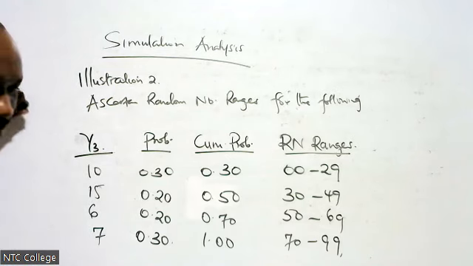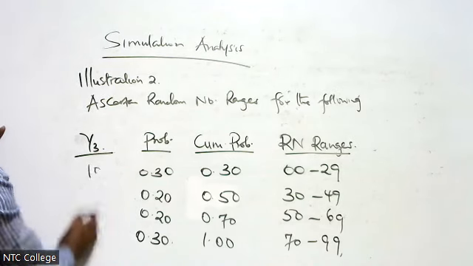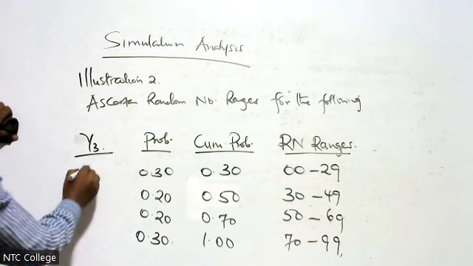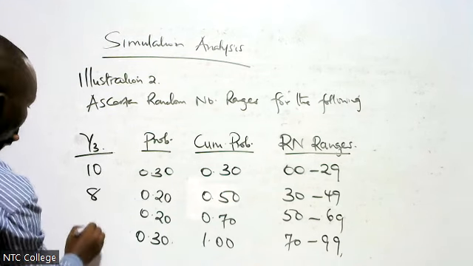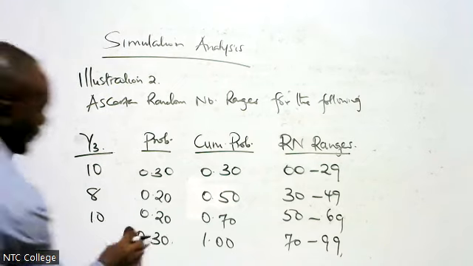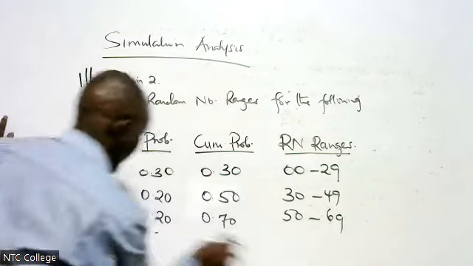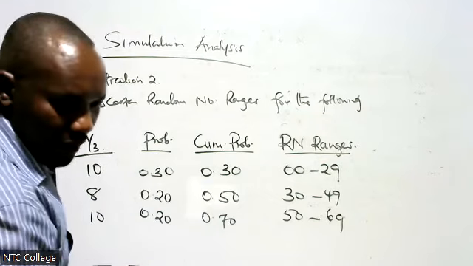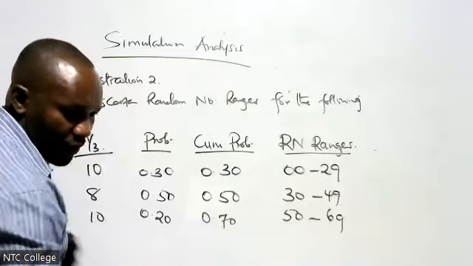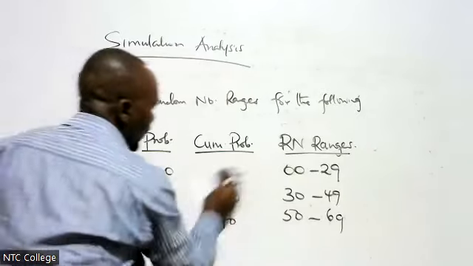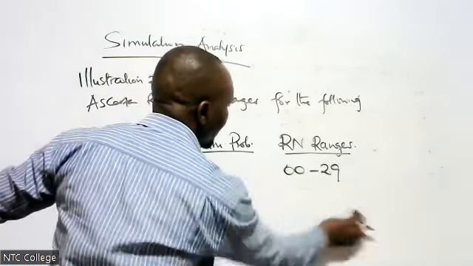So year 3, we have 10, then we have 8, we have 10. Then we have 30, we have 50 and 20. This one you can also expand.